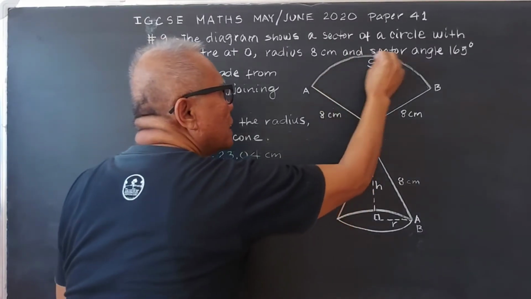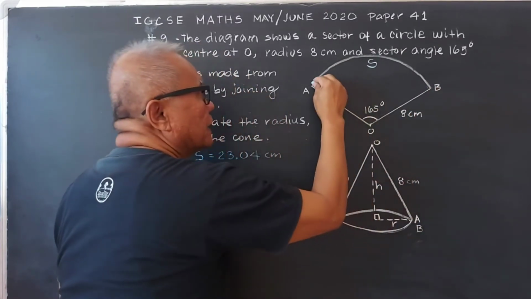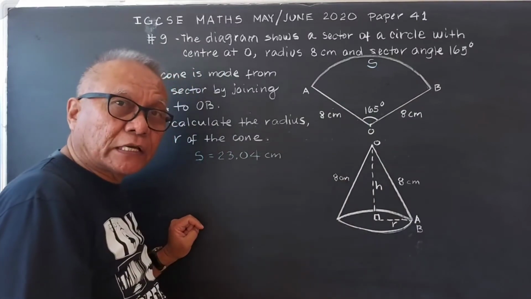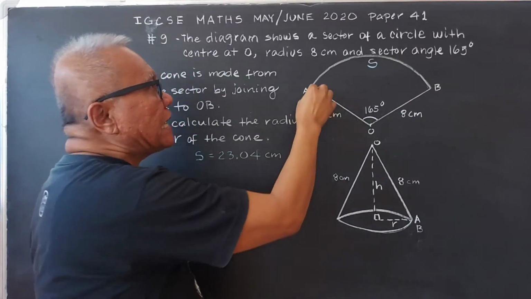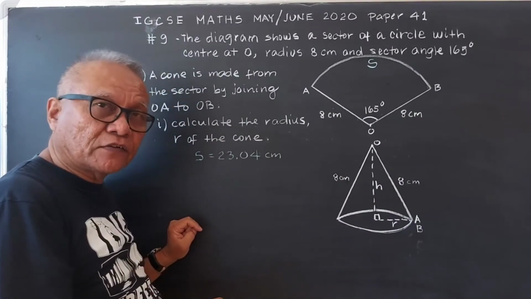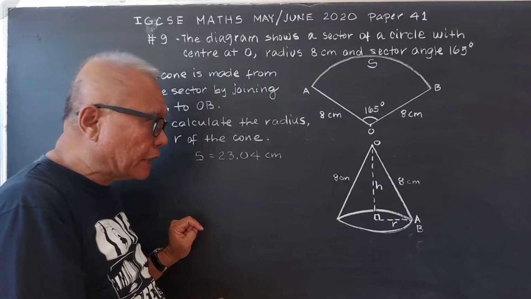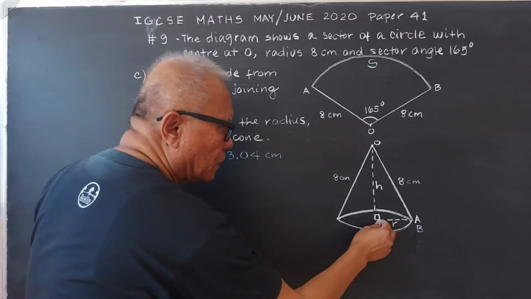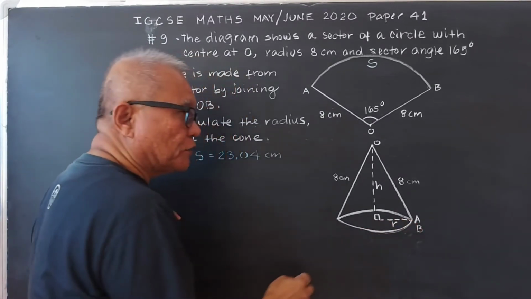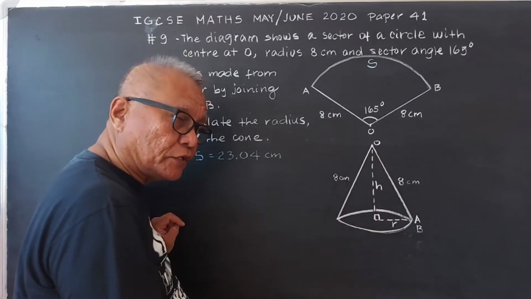So this one forms this one. So the S becomes a circle, and to find the length of that, the formula is the circumference of our circle, which is 2 pi r. So here we need to find the radius by using that formula, and after that we'll find the h.